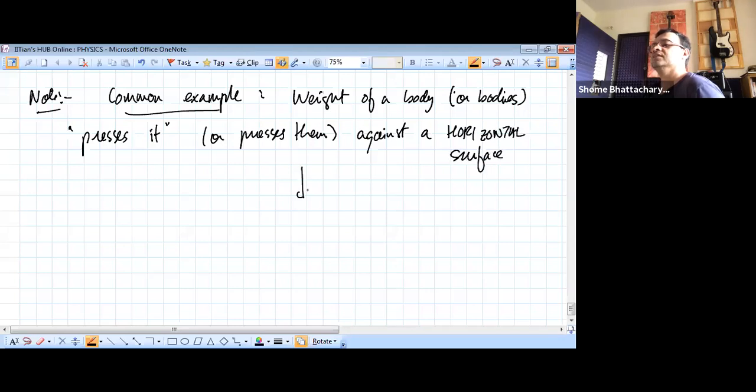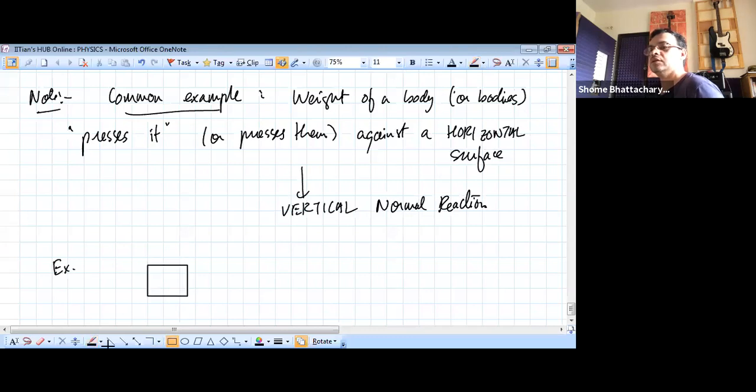So then it creates a vertical normal reaction. So for instance, we have already seen this kind of example many times.